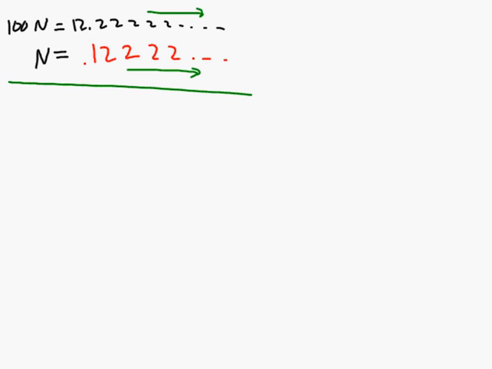So if we subtract this thing on the bottom, you have 100n minus n will give me 99n. And on the right, we've got 12 minus 0, really. That's just 12. And then we've got this 0.2 minus this 0.1, which is 0.1. And then these 2's would cancel, and so would those, forever.